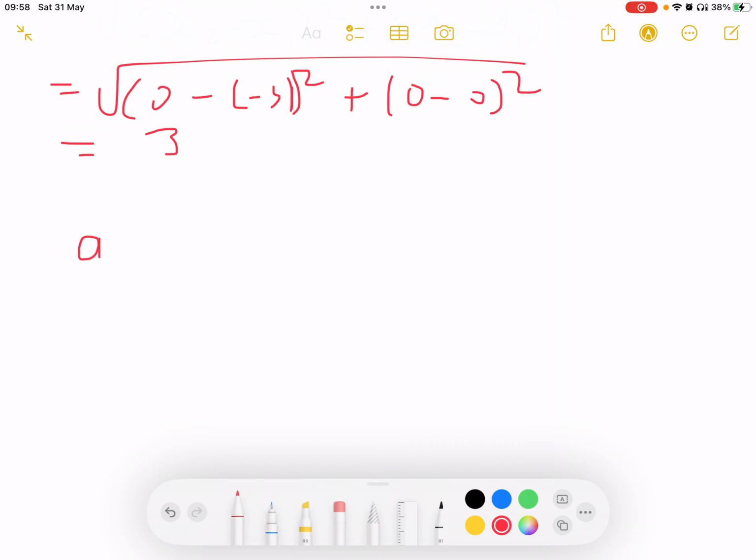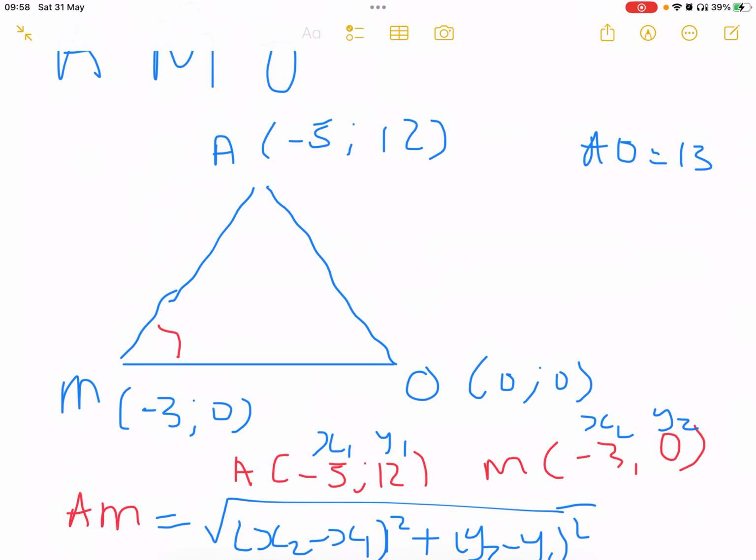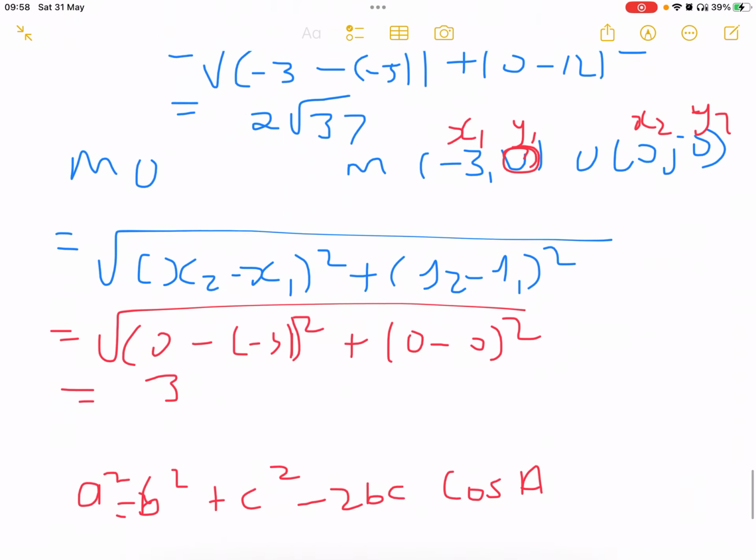Then we go to our cosine rule straight from the formula sheet, which is written as a squared equals b squared plus c squared minus 2bc cos of A. Right, before we get to that, let's go back to the diagram that we drew here. We're looking for this angle, so we'll have to label it to say that this is angle A, this is side A, this is side B, and this is side C, in order for us to easily substitute from the formula.